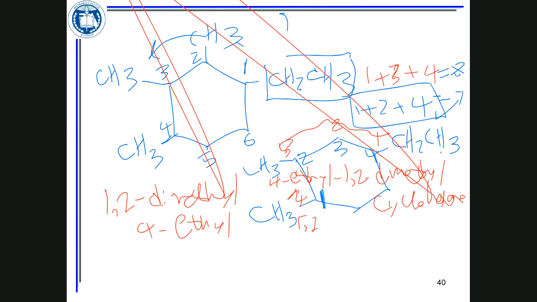Okay. So the name for that structure, I'm going to have to draw it again because it's smeared like this. You have your ethyl group, methyl group, methyl group. So it's going to be numbered 1, 2, 3, and 4.